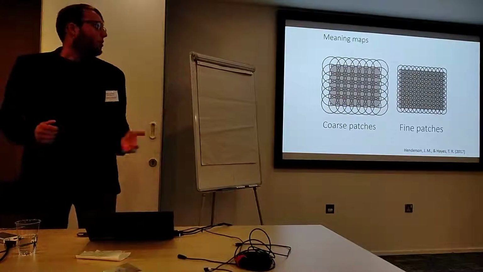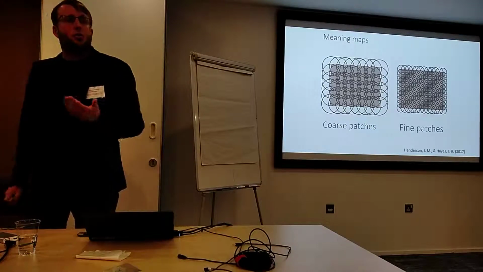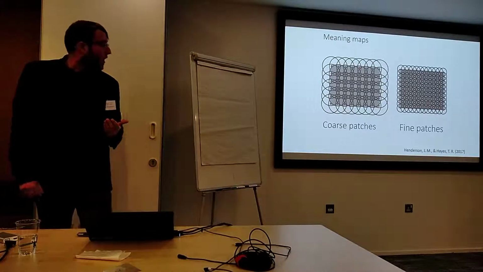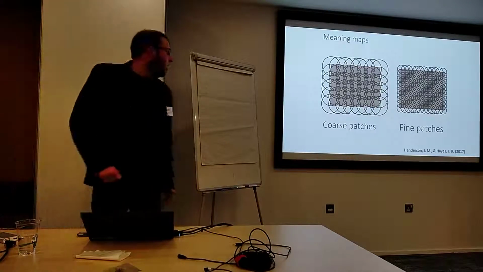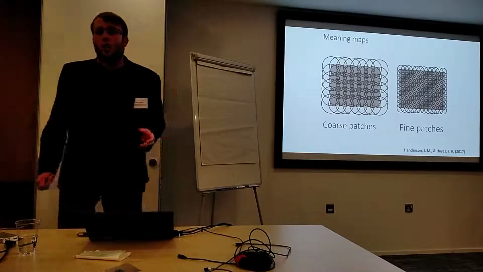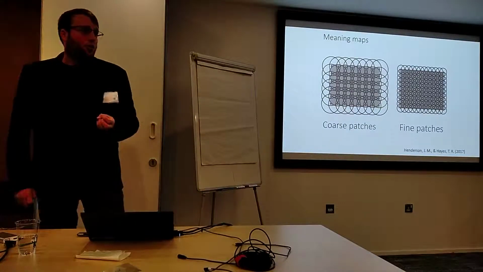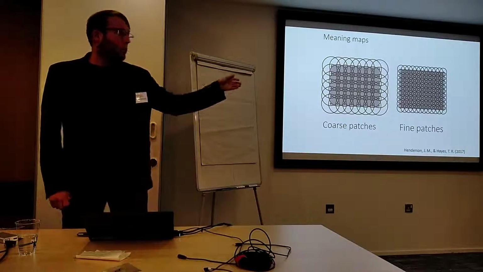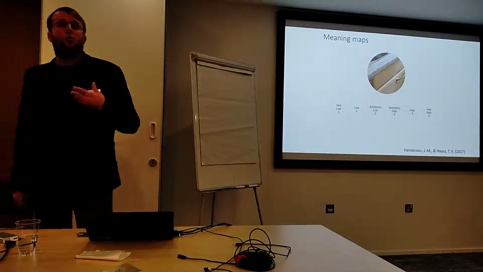Recently, one research group proposed so-called meaning maps as a way to quantify the distribution of meaning over the image. So, how to construct a meaning map? Let me explain. We take the image, here it's indicated by the gray square, and decompose it into a set of circular, partially overlapping patches of two sizes, fine and coarse, and then each patch is separately rated for its meaningfulness.